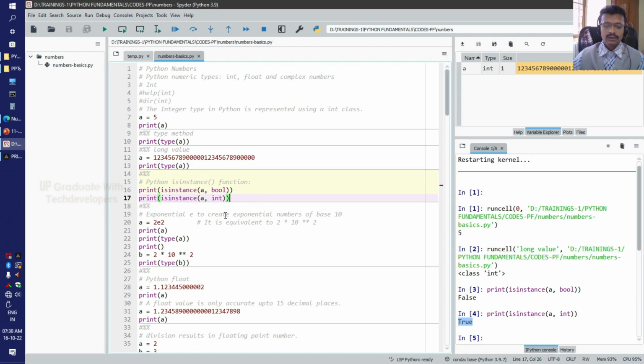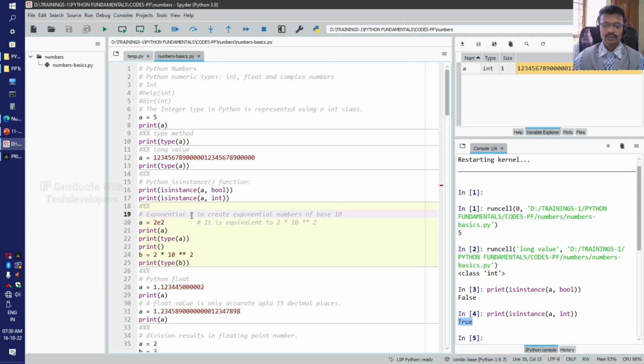Let us look at how to create exponential numbers. We can create an exponential number using the letter e between the mantissa and the exponent. For example, here I have created a variable a with the exponential number value, that is 2e2, 2 into e to the power of 2.